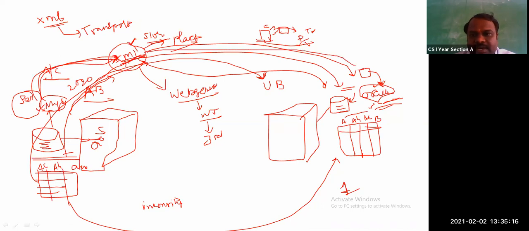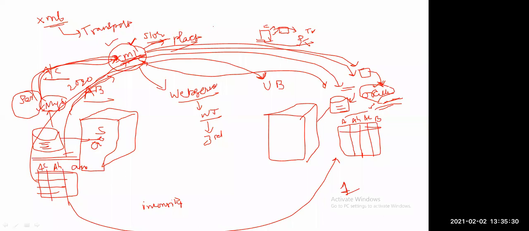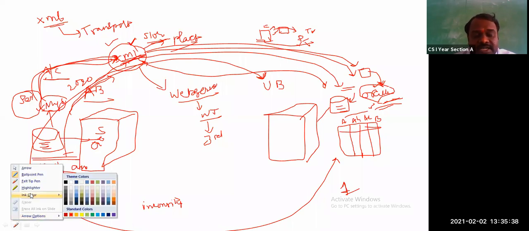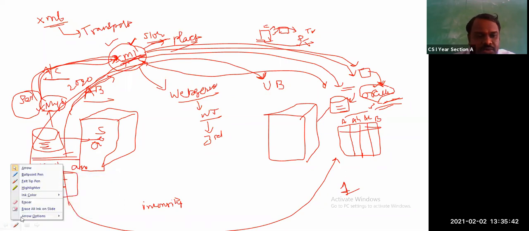This is the way to exchange data among servers. We use an XML document only for exchanging data when the information format is incompatible. This is the purpose we use it.